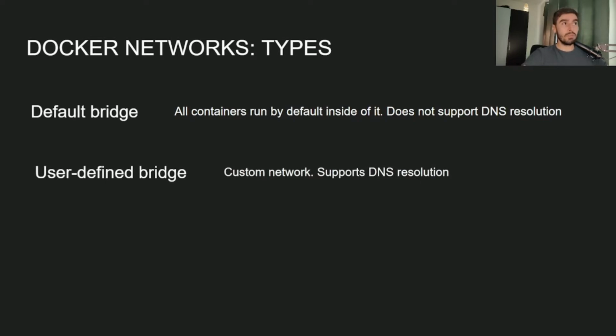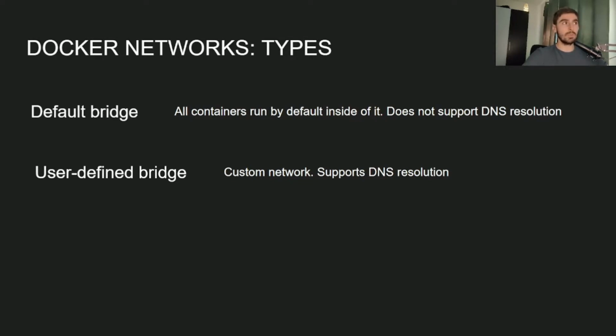A user-defined bridge is a custom network which supports DNS resolution. This makes it easier for containers to communicate between them because you just give them human-readable names, and then they can communicate with one another. If you are following the Path to DevOps course, in the Docker Compose file for running the 3 microservices locally, each of the services has a name.